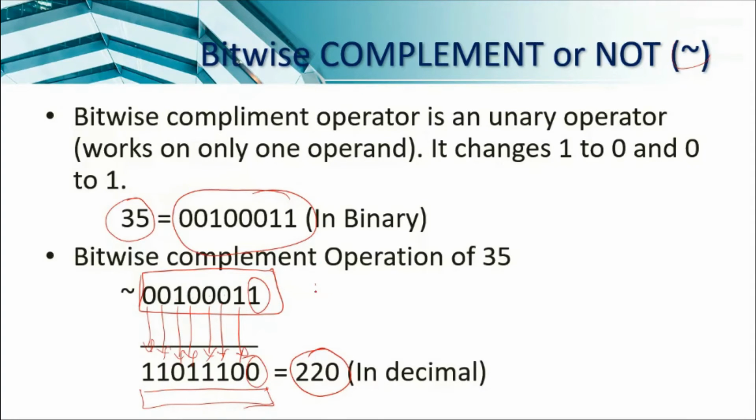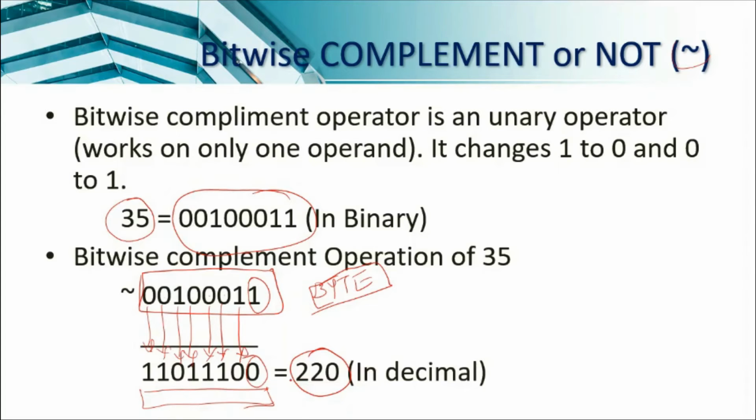That is, a byte is taken. 1 byte is used to represent an integer value. So here we are taking 8 bits to represent that particular integer. That is how this 220 is coming up.